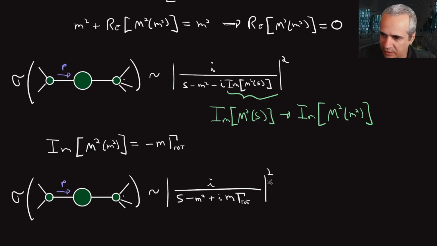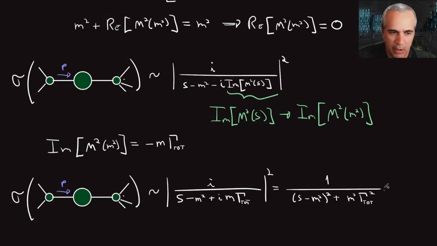If I calculate this modulus square, this is just one over S minus m squared squared plus m squared width squared, which is the Breit-Wigner distribution. It's not normalized to 1, because there's an overall strength of the interaction, but the shape is like a Breit-Wigner probability density.